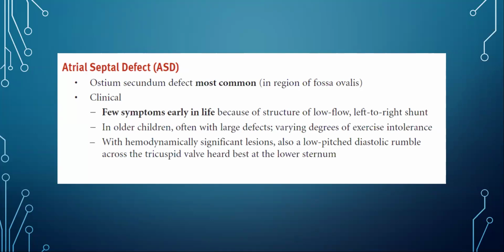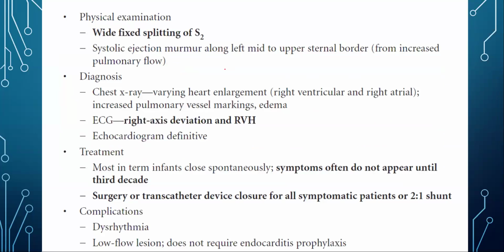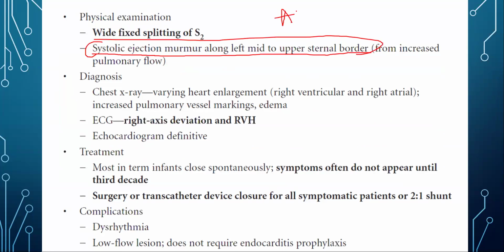ASD is the second most common congenital heart disease. The symptoms will be exactly the same as VSD. The only way to differentiate it is the murmur. With a hemodynamically significant lesion, if it is a large ASD, you can get two murmurs. One is a systolic murmur, an ejection systolic murmur, which is the main murmur of ASD.